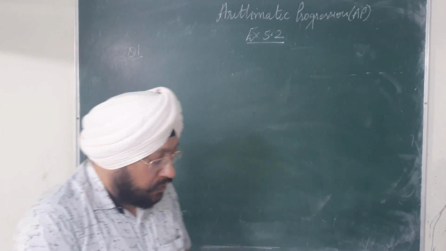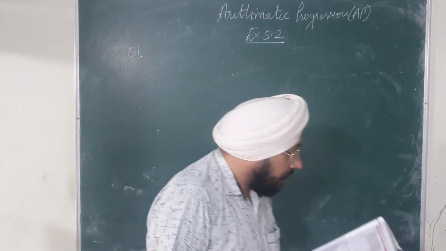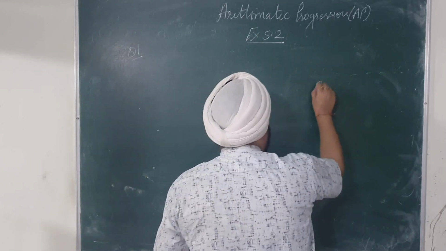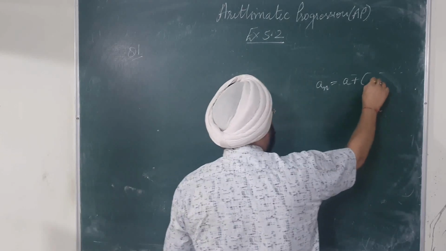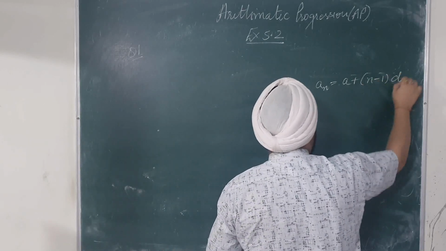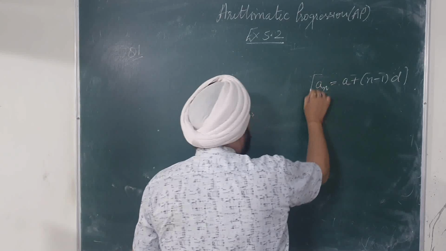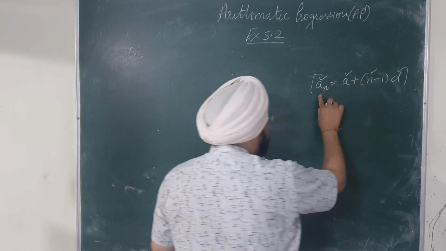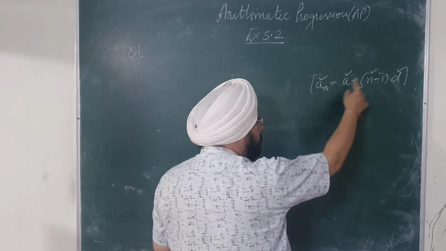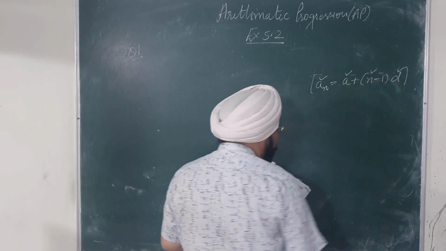In question number 1, we are given a table in which, according to the expression an = a + (n - 1)d, we have 4 different terms: an, a, which is the first term, n, and d.